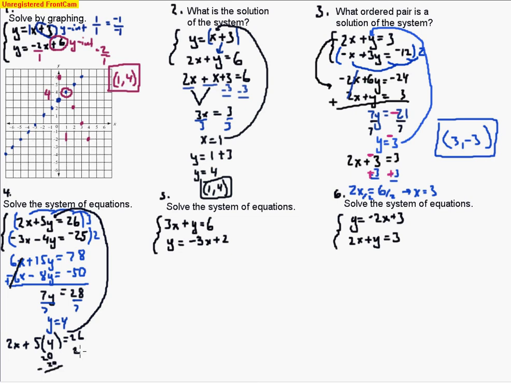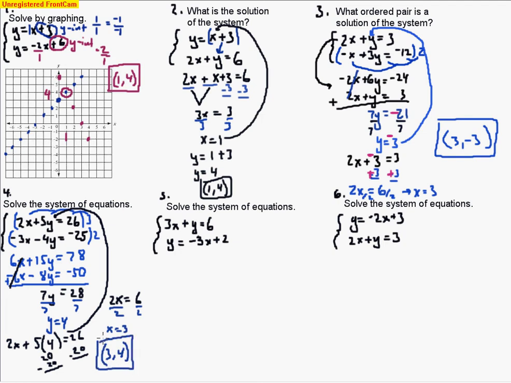I'm going to take away that 20, and what I've got left is that 2x equals 6. So I did the 26 minus 20, and that's how I'm getting 6. Well, from that point, we'll just divide by the 2, and we'll have the value of x. X is 3. So there it is, 3 comma 4, the value of that system, the point where the two lines cross.